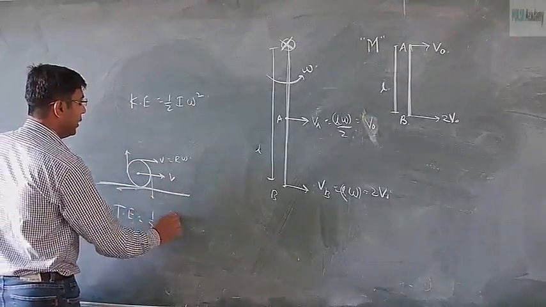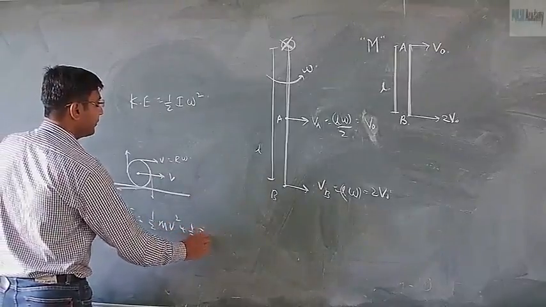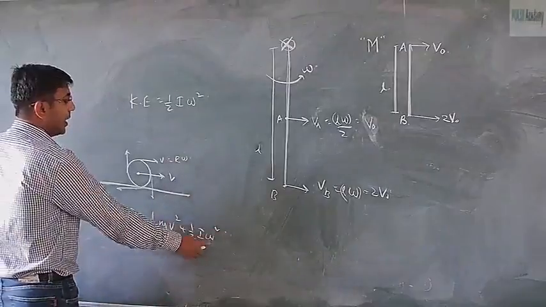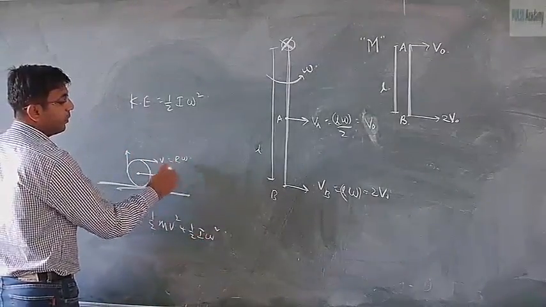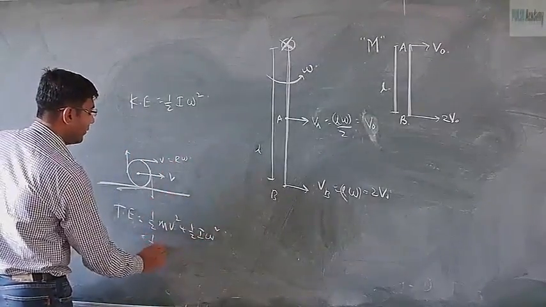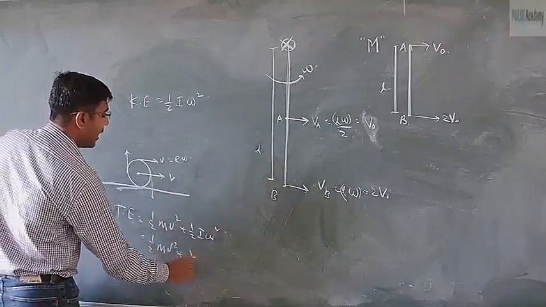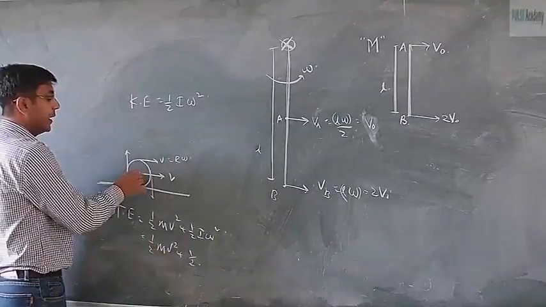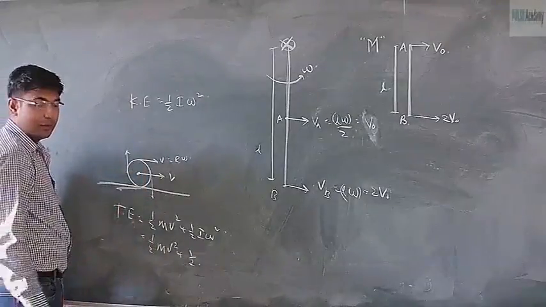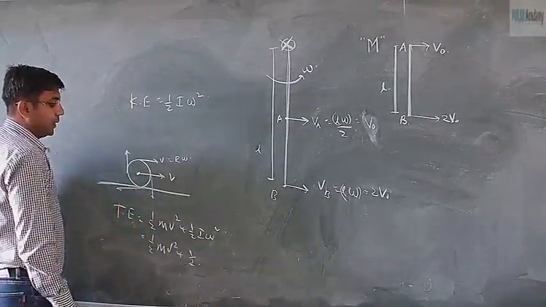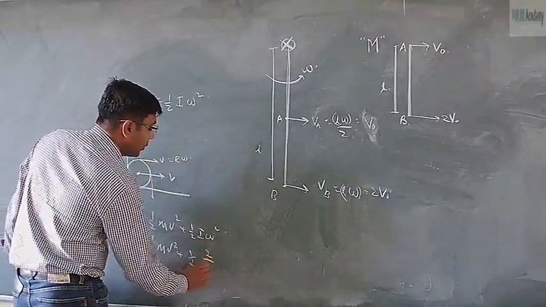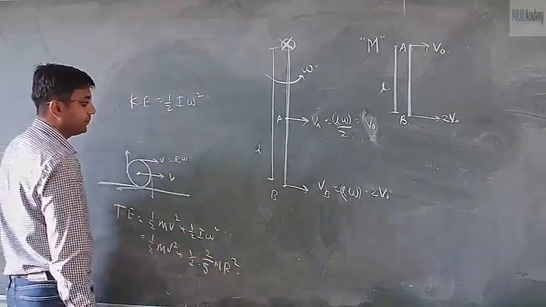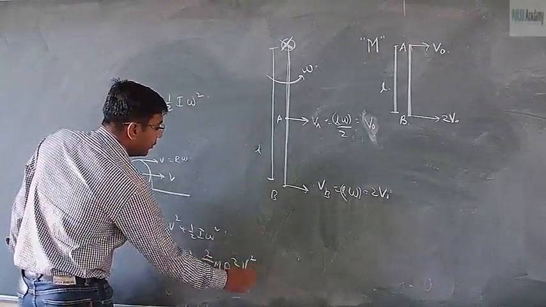So what is the total kinetic energy of this sphere? Half m v square plus half I omega square. Okay? And this omega is equal to v by r. So that is equal to half m v square plus half, what is I about this point? 2 by 5 m r square, into omega square, v square by r square.